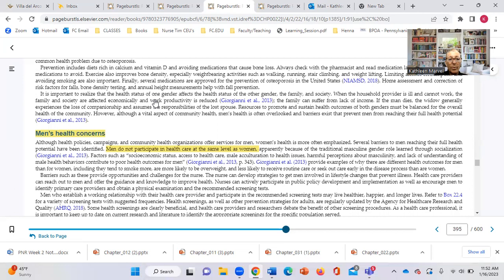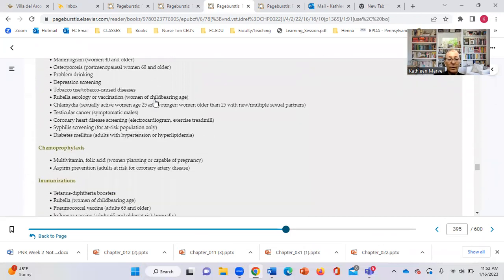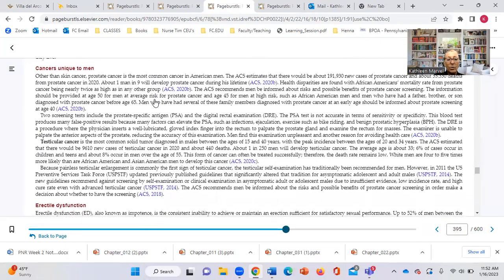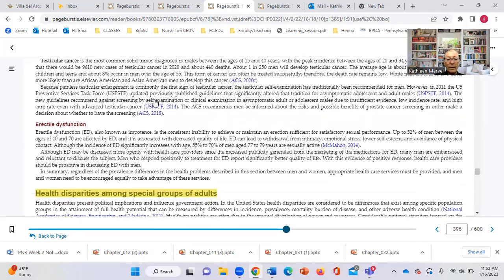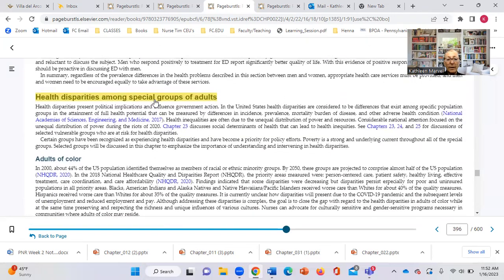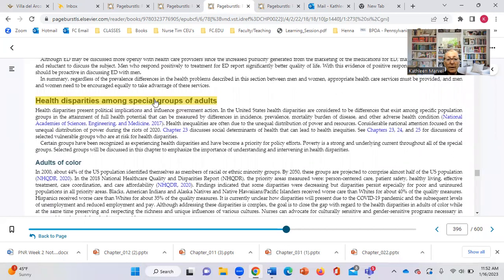They're not identified as specifically as the women's because we know that men don't typically participate in healthcare at the same level as women do. But they do talk about cancers unique to men, erectile dysfunction. And then we also have health disparities among special groups.